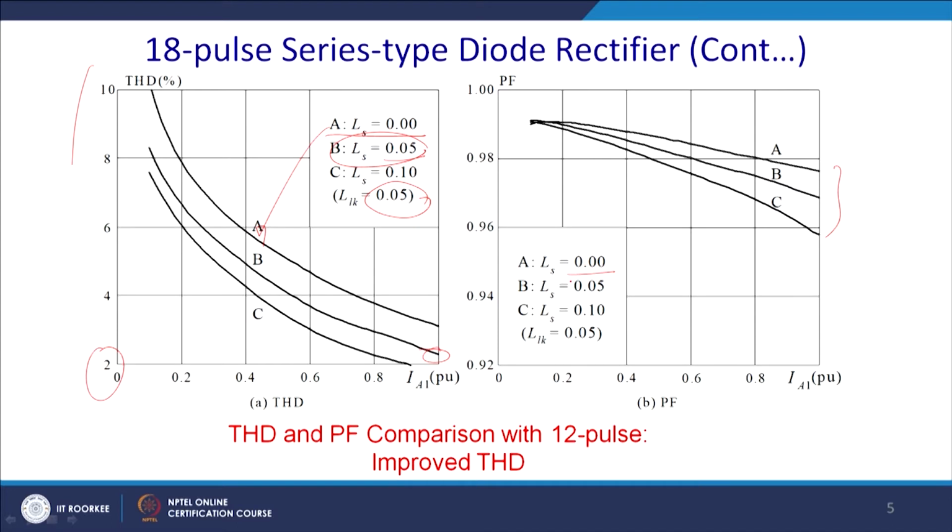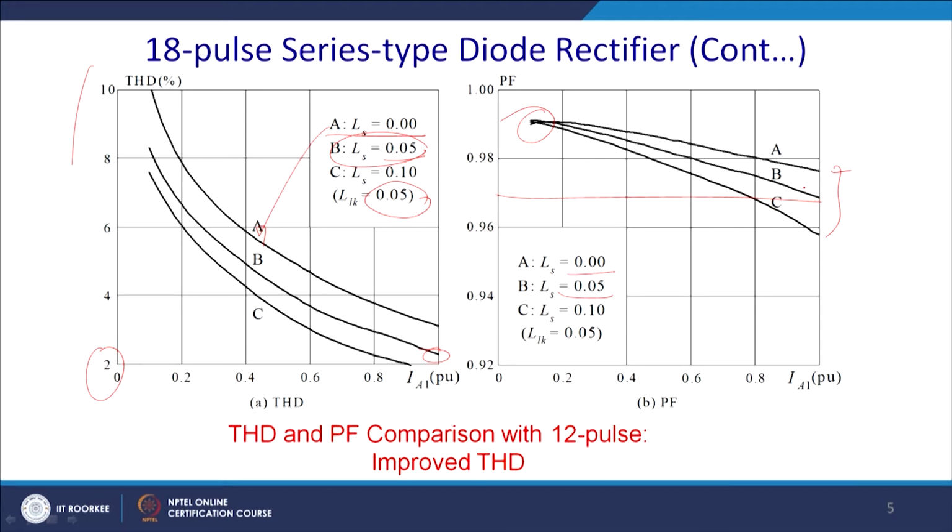Same way, this is a curve with the power factor for Ls equal to 0, that means there is no source inductance, which is physically impossible. Then you can get a good power factor, but THD is high. Thereafter, if you increase the source inductance, you can also get close to 0.97 as power factor, because till 0.95 the utility does not penalize the customer.